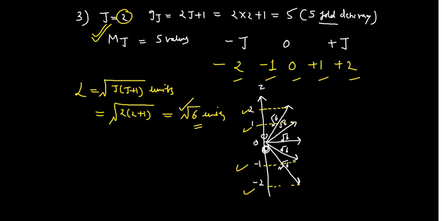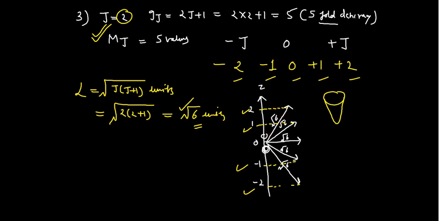Now you can see this vector is rotating around this one, so it will form a cone. How can I show that particular cone? In that manner, that is the cone which this one is rotating in.